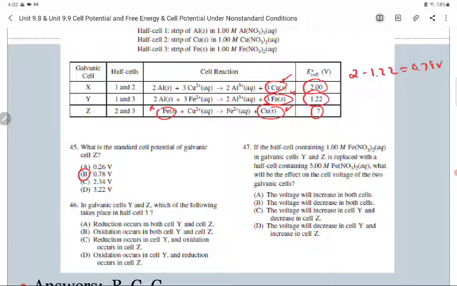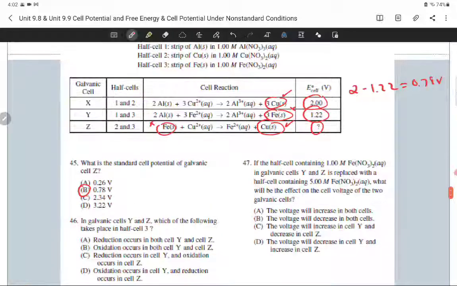46. What's going on with Y and Z? Which of the following takes place in half cell 3? Well, that's the iron. It says up here. So what's going on with iron? Let me erase all the stuff I had going on there because we have another question now.